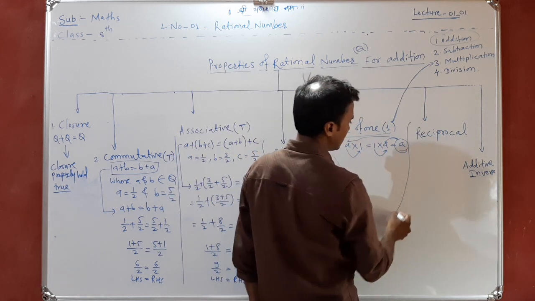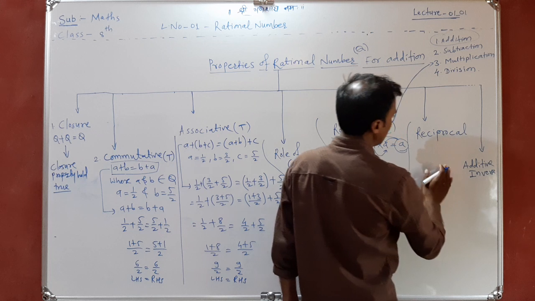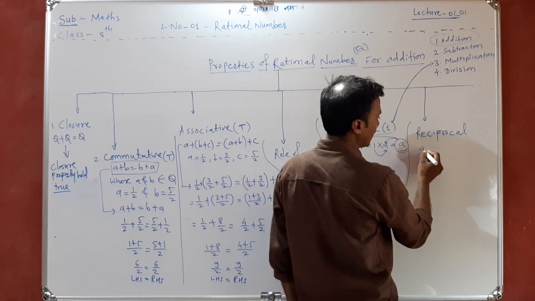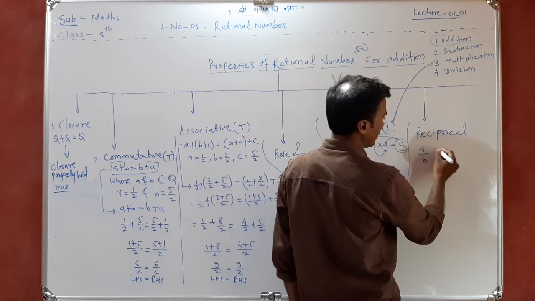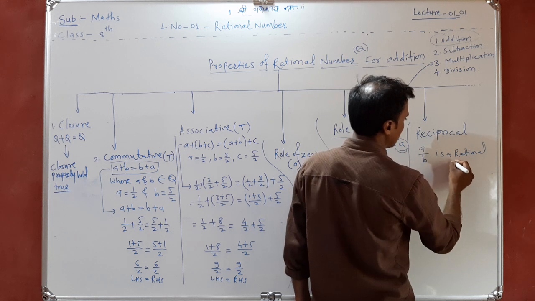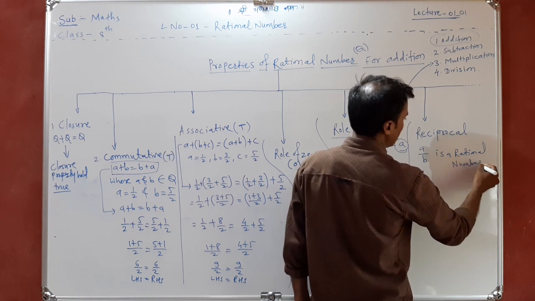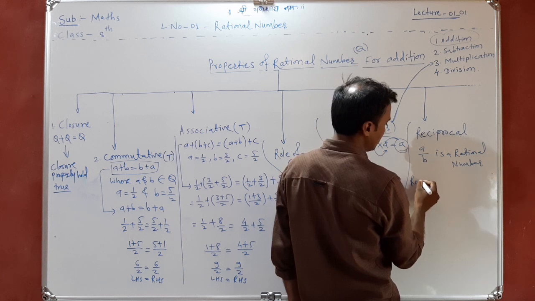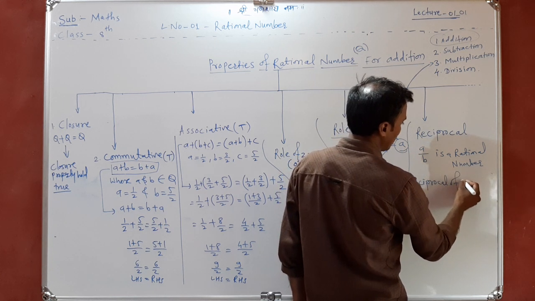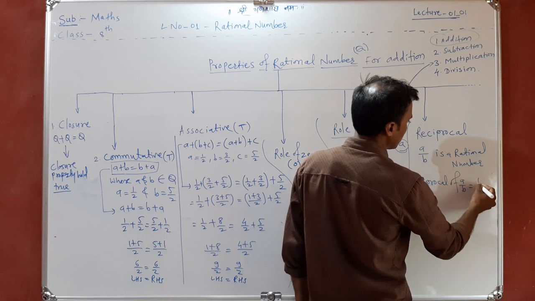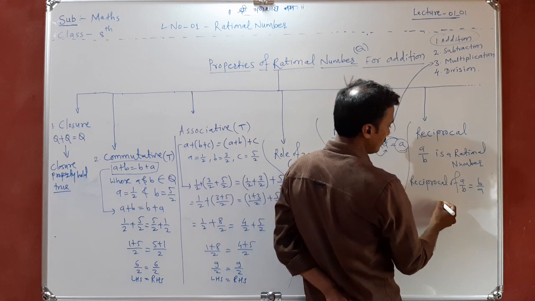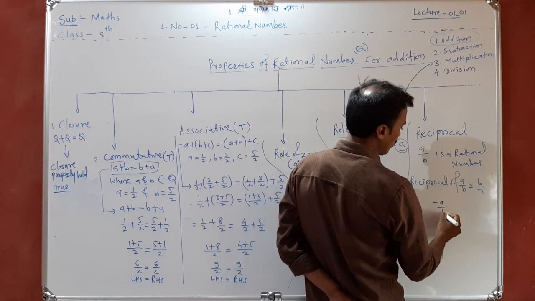After that, next is the reciprocal. Now what is meant by reciprocal? Consider that A upon B is a rational number, then we can say that the reciprocal of A upon B is equal to B upon A. Let us see an example.